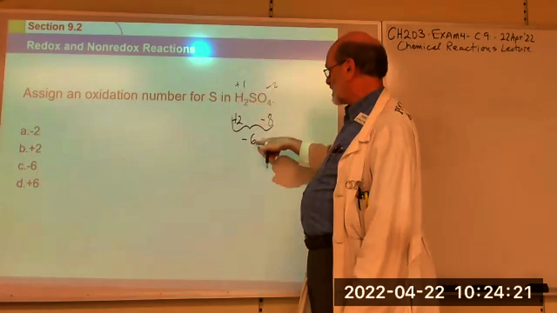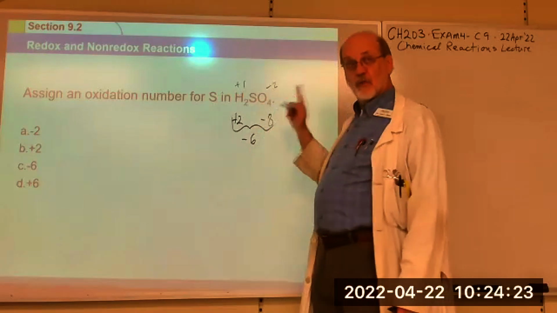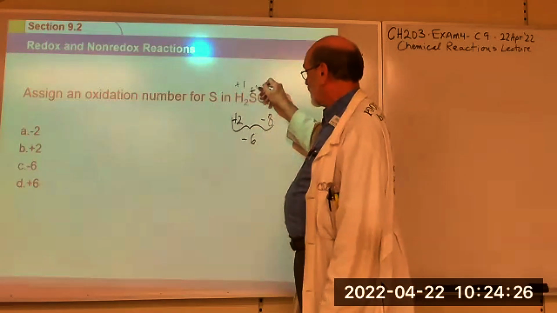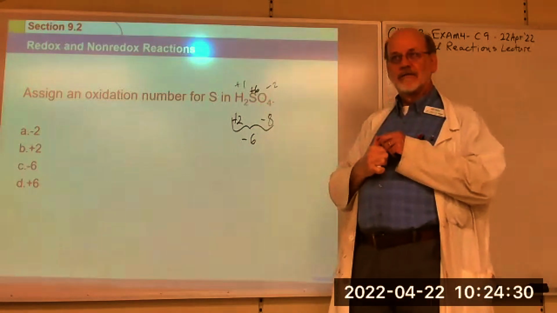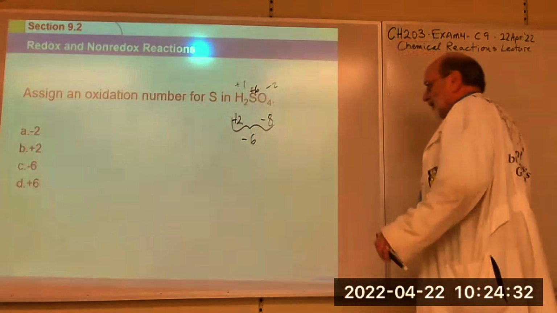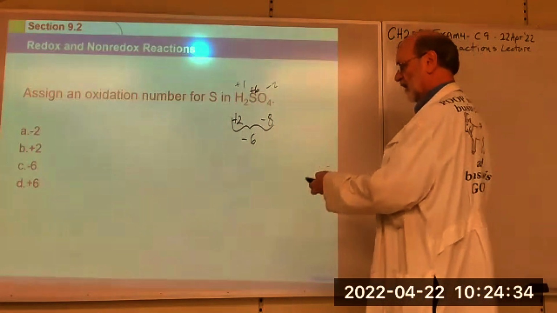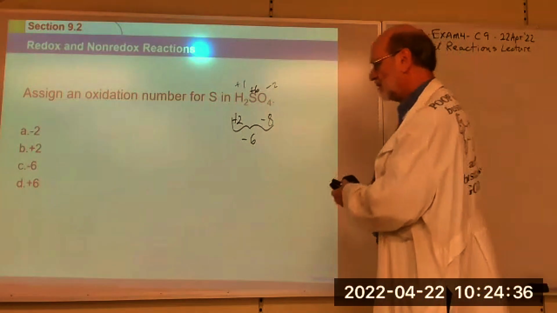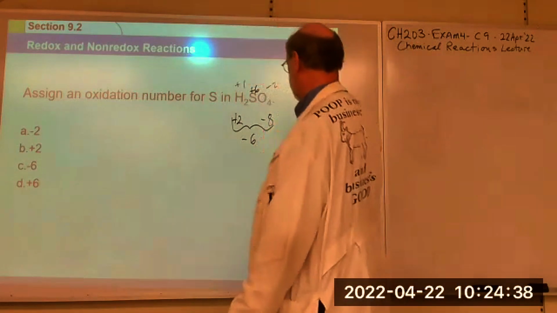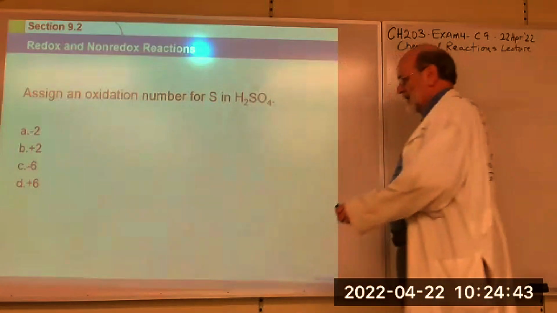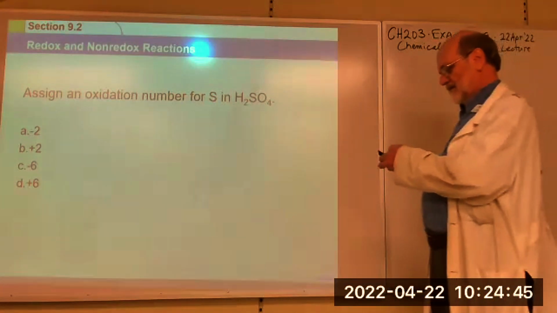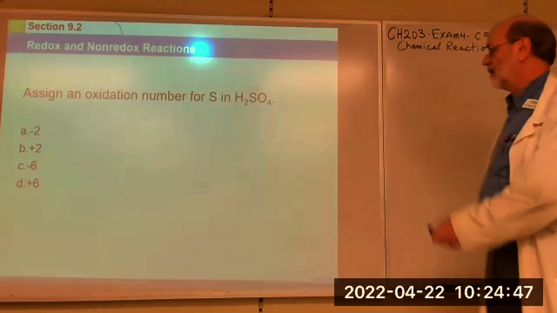That means this sulfur has to balance that -6 with just one atom. So this one has to be +6. Okay? So, might as well make it official. It's kind of hard to see that one, isn't it? Need to edit that one, put a box around it, be more obvious.